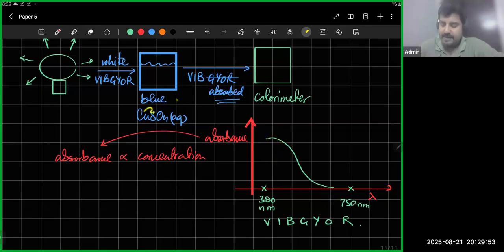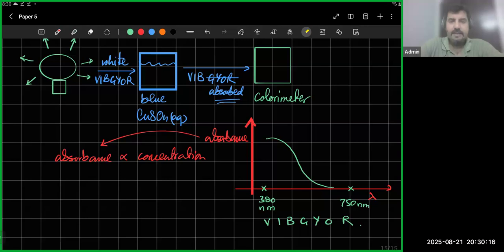If it's dilute, if the concentration of copper sulfate is very less, the absorbance would be less as well. You're not going to see enough blue. There's going to be a lighter shade of blue. So keep this in mind that absorbance of a colorimeter kind of directly translates into the concentration of the particular substance whose absorbance you're trying to measure.